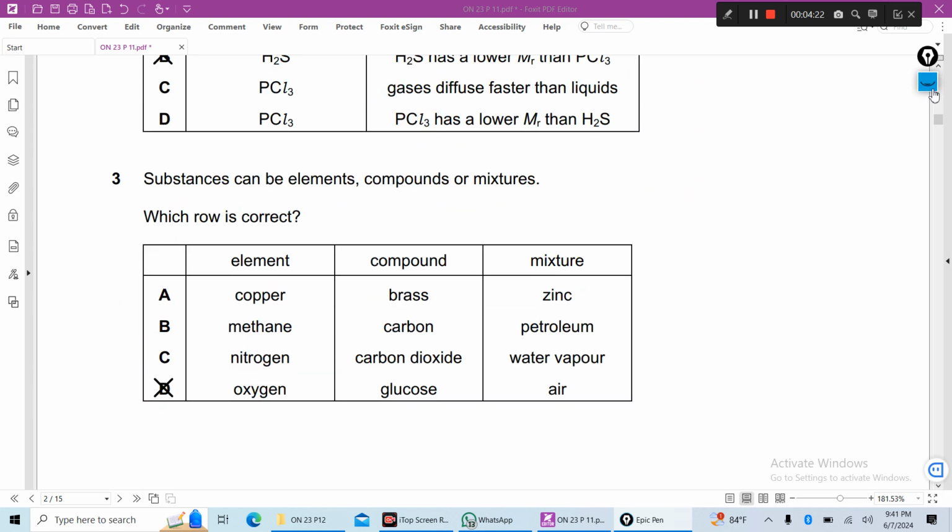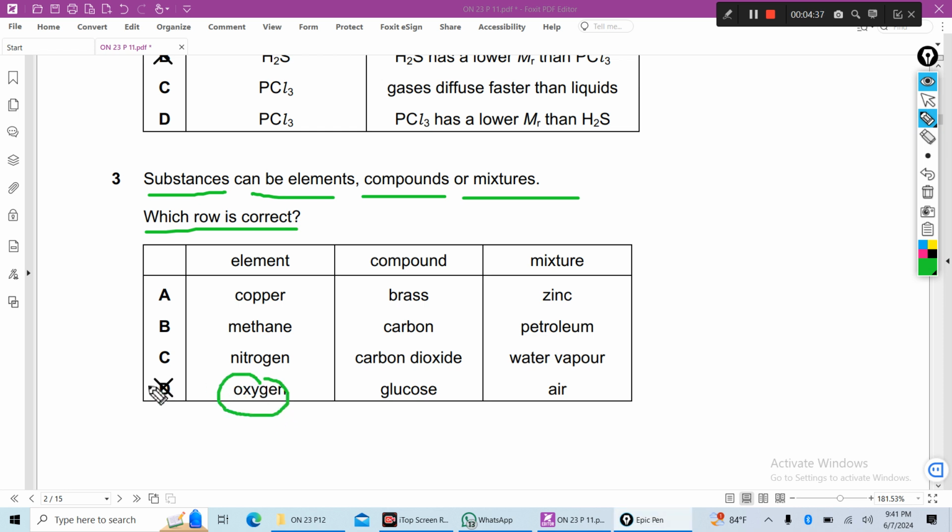Number 3. Substances can be elements, compound or mixture. Which row is correct? This oxygen, D is the right answer. Element. Glucose is a compound because glucose is C6H12O6.